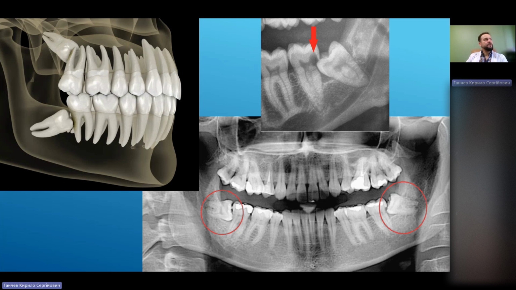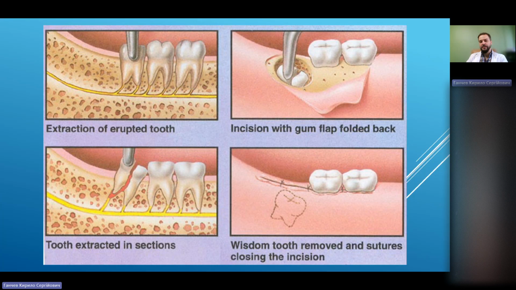But for the canine, they try to reposition it into the dental arch using some orthodontic techniques. So if possible, do not remove the canine, because it could be brought into its normal position as a result of orthodontic treatment, of course.